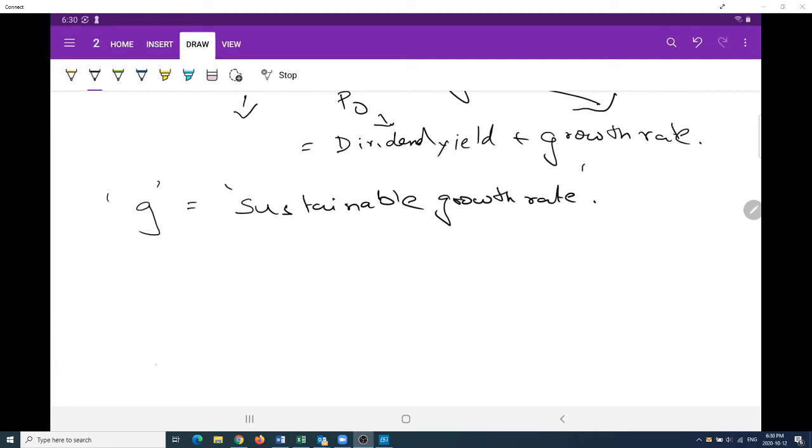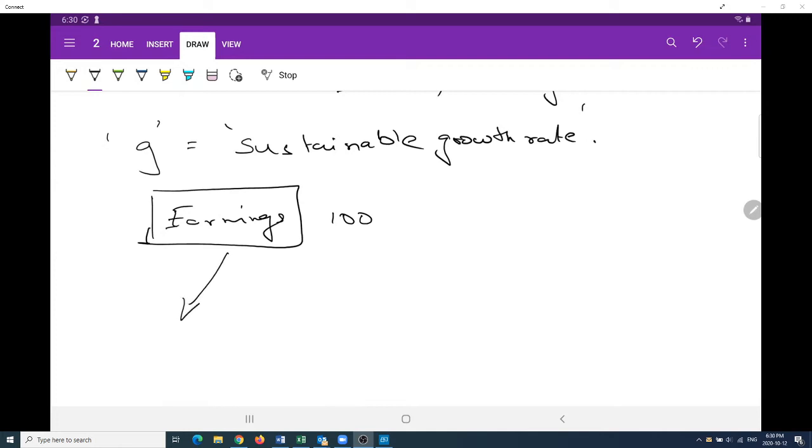Right? When you go back into your assets and liabilities, if you remember, all the earnings which a firm receives, let's say it earns $100 in earnings, can be split into two parts. One goes to additions to retained earnings, and the other is paid out as dividends.